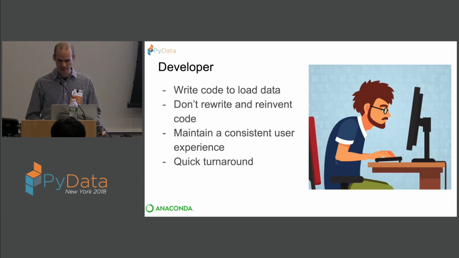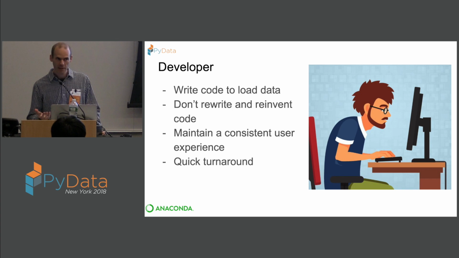And then there's the developer. Again, this is not necessarily a distinct, different person, but at some point, somebody will have to write code to load specific types of data. If it's CSV and you want pandas, then you're done. But there's a pretty good chance that it's something else, and somebody will actually have to write lines of code. But you don't want to repeat yourself. You certainly don't want to repeat what's been done elsewhere.